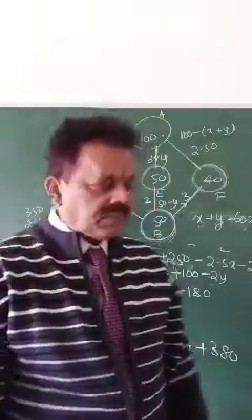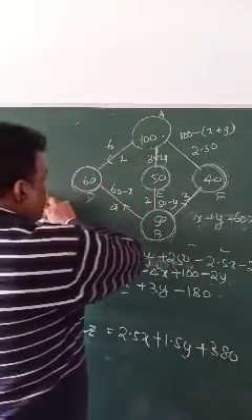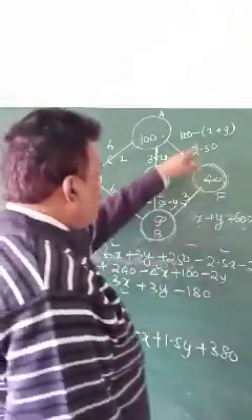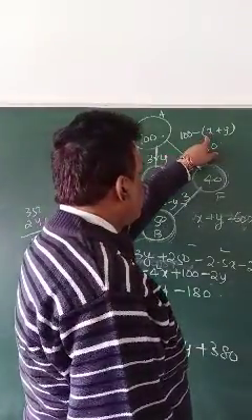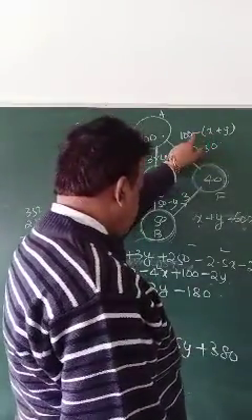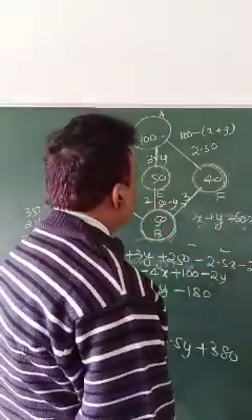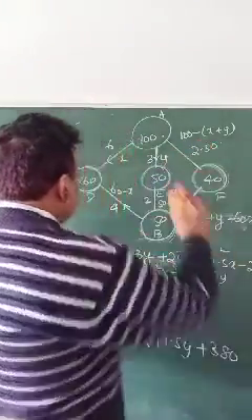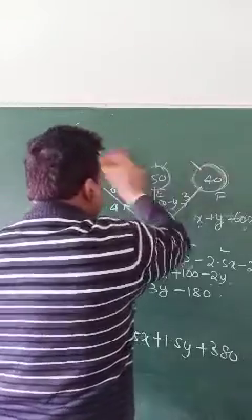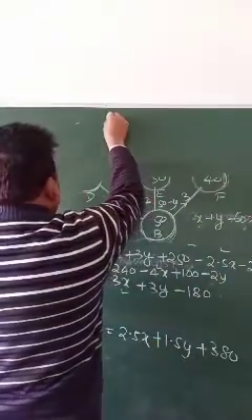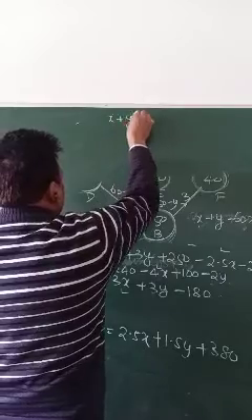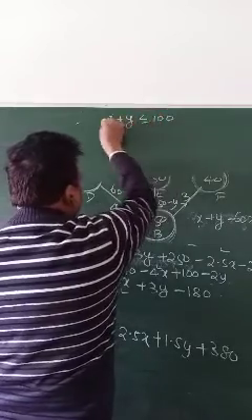Okay, let's make the graph of this. What is the first equation? x plus y less than 100. Very simple.